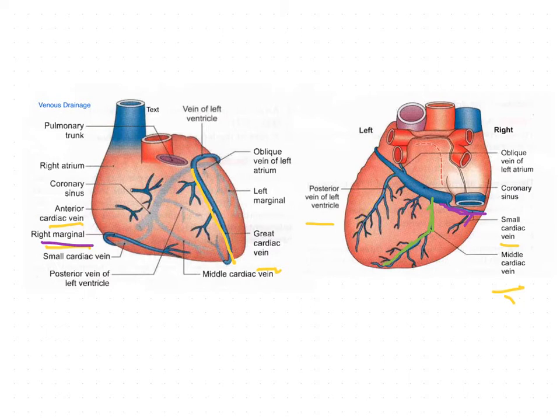Coming to the anterior cardiac veins, normally there are 3 to 4 small veins which run parallel to one another on the anterior wall of the right ventricle and usually open directly into the right atrium.